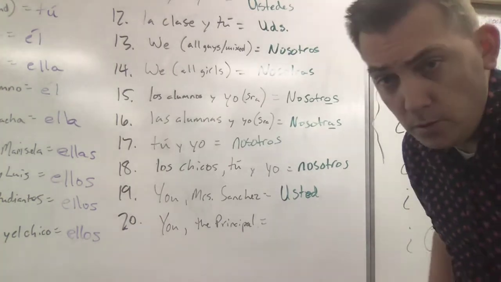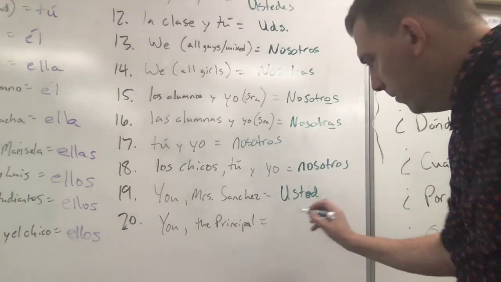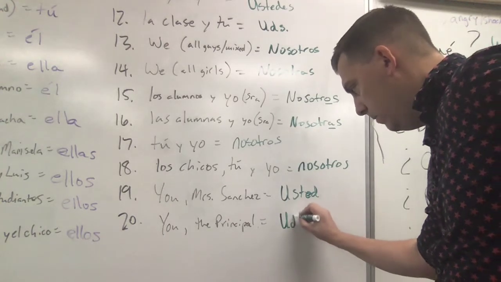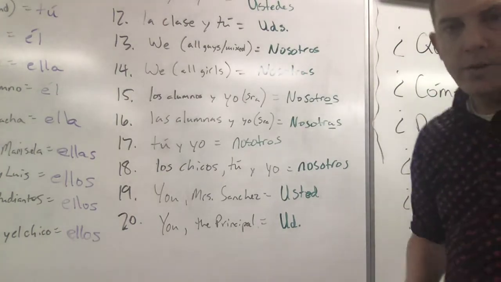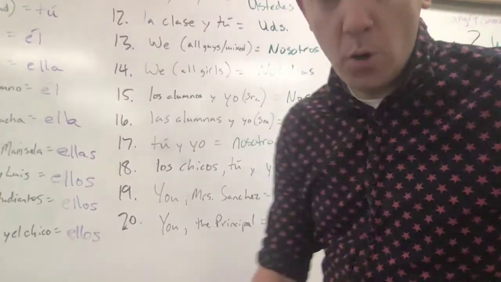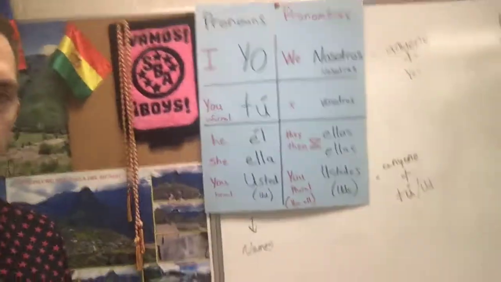And your principal or your teacher or anybody older than you, you would refer to as, we'll abbreviate this one, usted. So there you have it, peeps. The pronouns, the homework assignment that's due of everything, are pronouns, once again, that are very important.